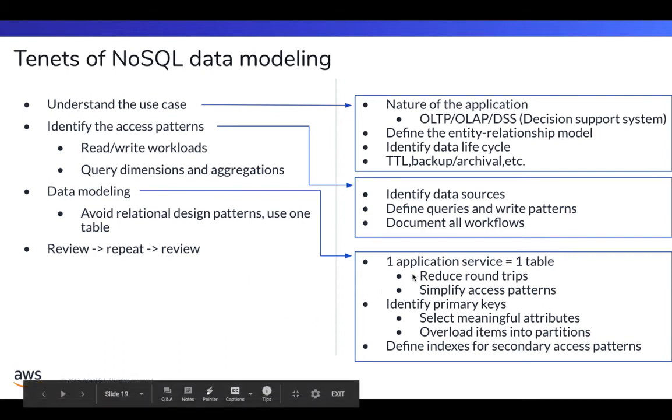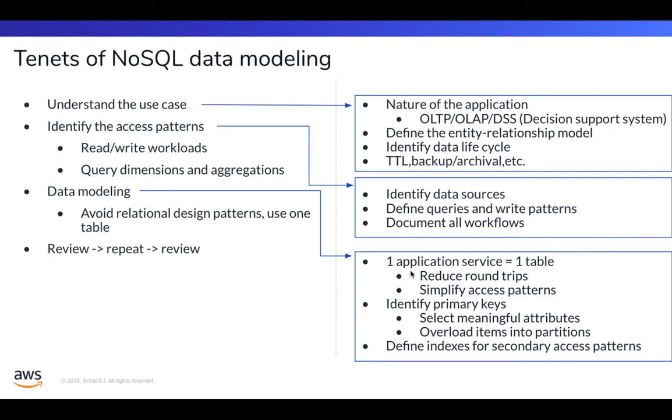What it means is, if you have one application service or one team or one purpose, you could use one table. You should ideally use one table for all of your application services.